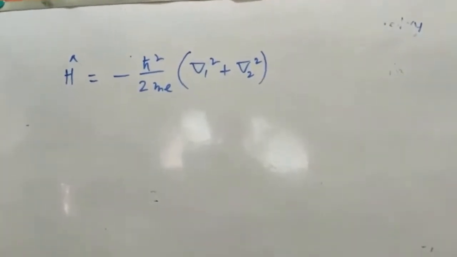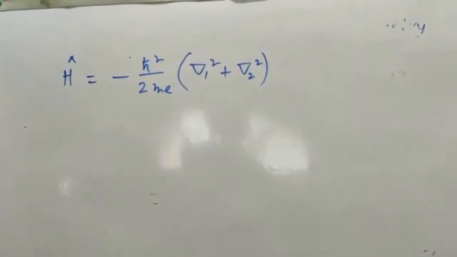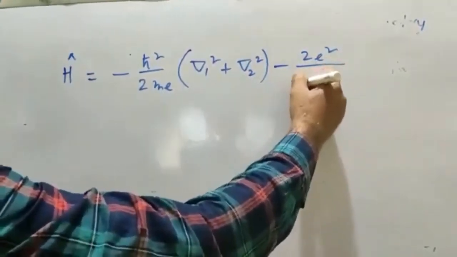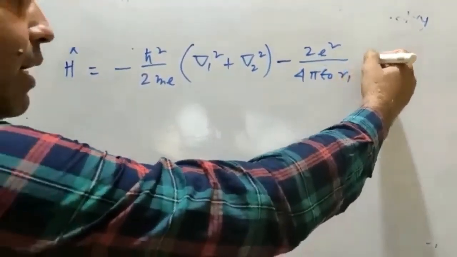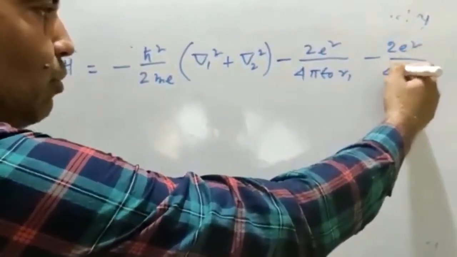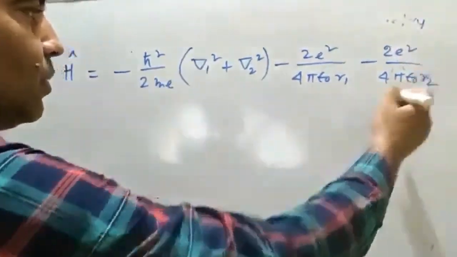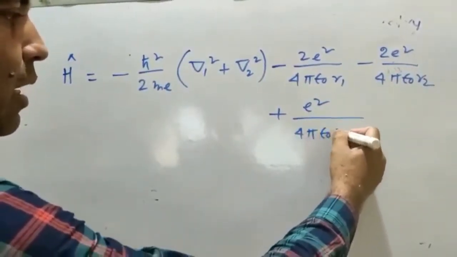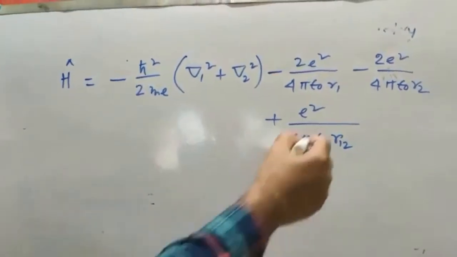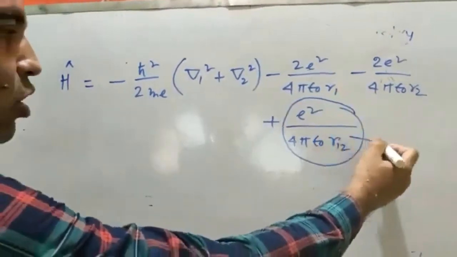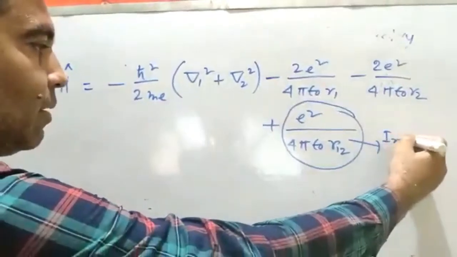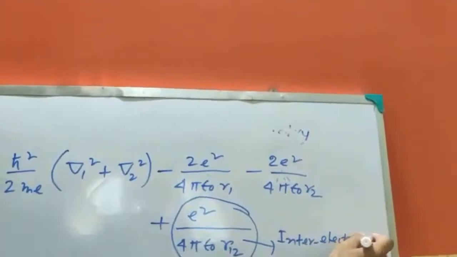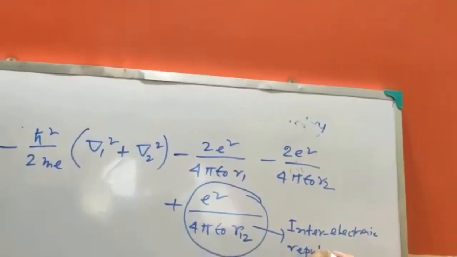And this potential energy part we have already written, that is minus 2e² by 4πε0 r1 minus 2e² by 4πε0 r2 plus e² by 4πε0 r12. This term is the inter-electronic repulsion term.